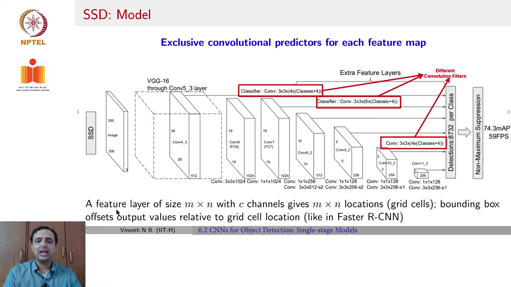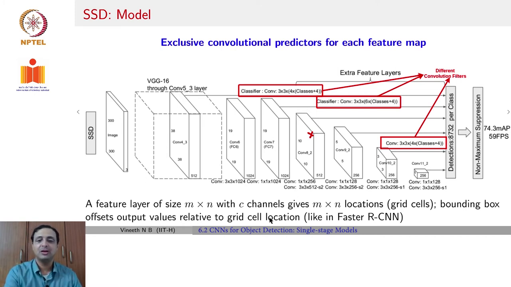So if you took any one of these feature maps, let's take a feature map layer of size m cross n with C channels, then that would give m cross n locations. So each of those pixel locations in one of those feature maps could be a center of an object, for instance. So each of them is like a grid cell if you compare this to YOLO, and the bounding box offset values are relative to that grid cell location.